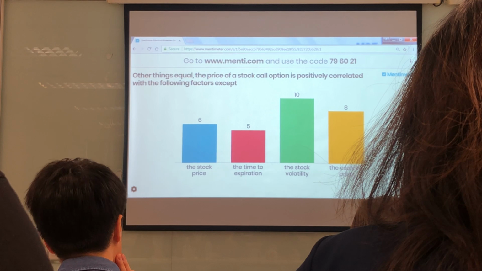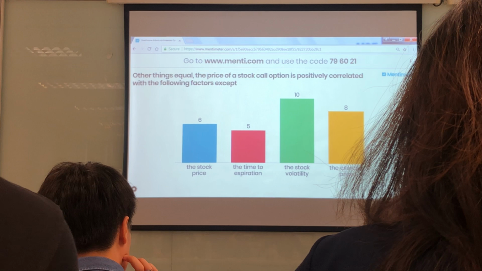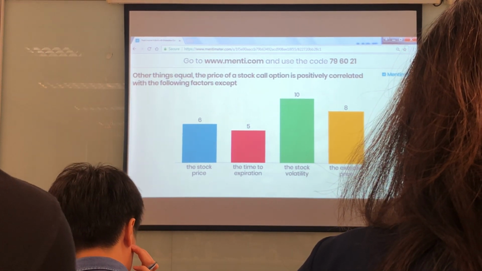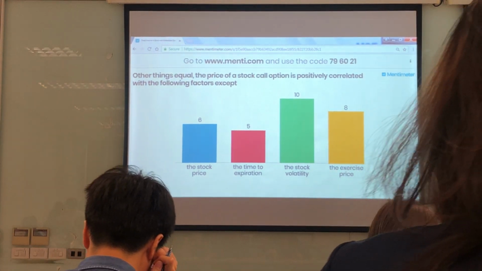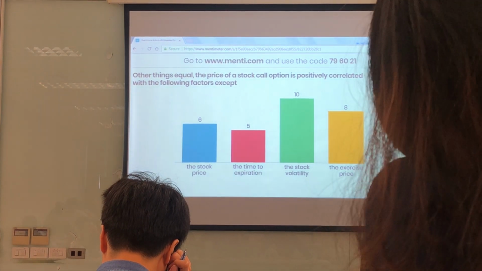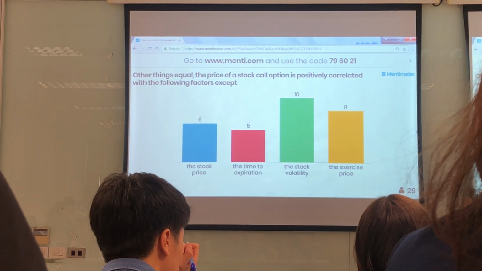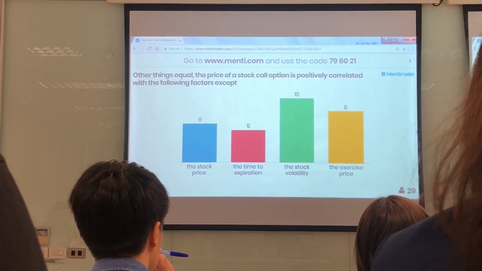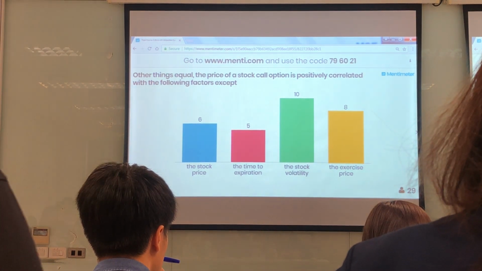But if you set the exercise price very high, the call option price will be very low. Why? Very simple: if you can buy the underlying at a very cheap price, the option should be sold at a higher price. Otherwise, the option writer would have a loss. So the exercise price should have a negative relation with the value of the call.